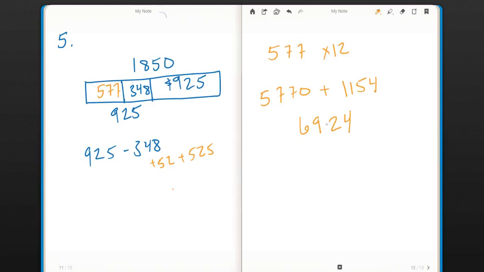But wait, in the end, always make sure you're reading the question. It asks you to give your answer to the nearest $1,000. So I'm going to round the 6 by looking at the 9, and that tells me to round it up. So he's going to save $7,000 in a year.